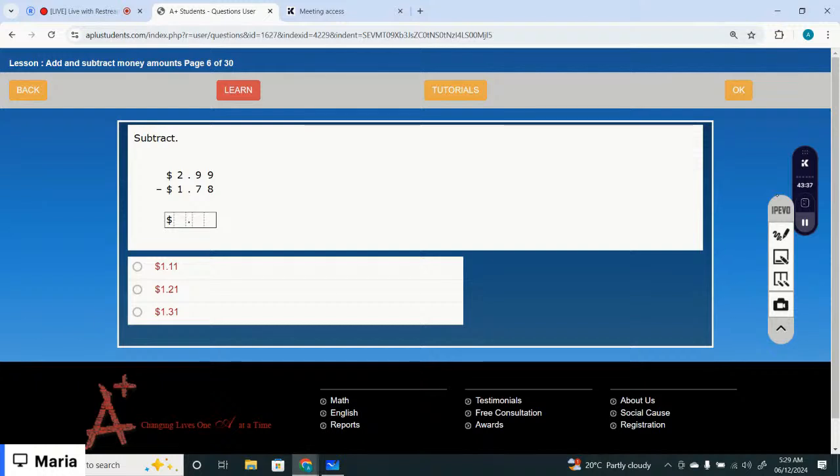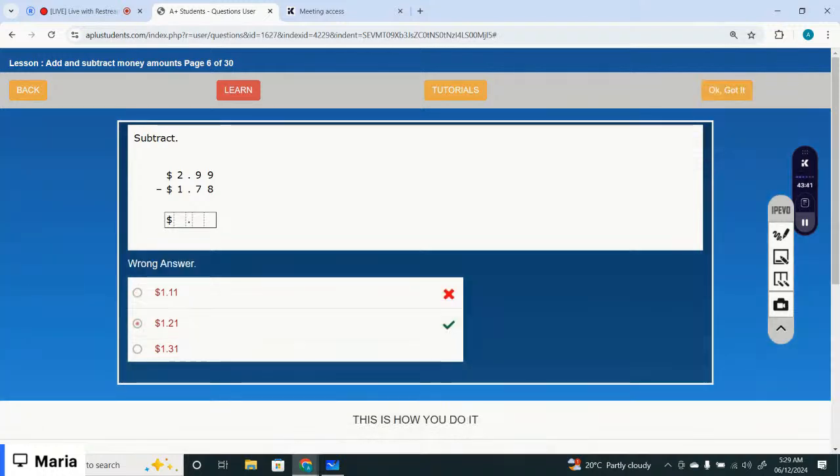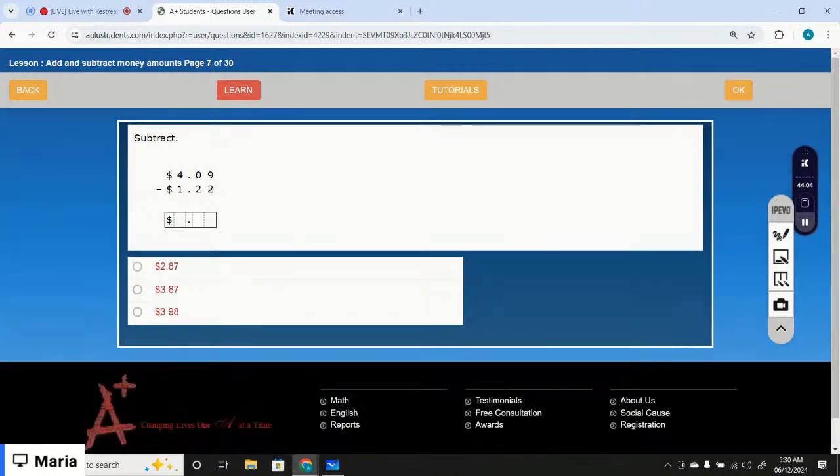Option number one is the correct option, that is 1.11. Oh, sorry, that is option number two, 1.21 it is. 4.09 minus 1.22.